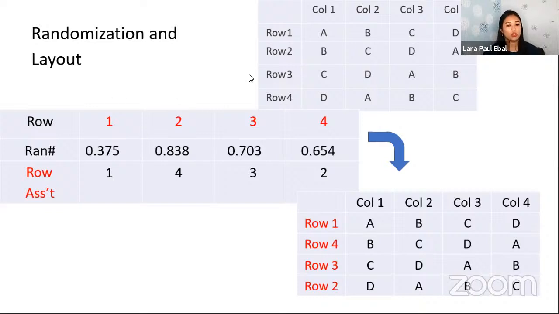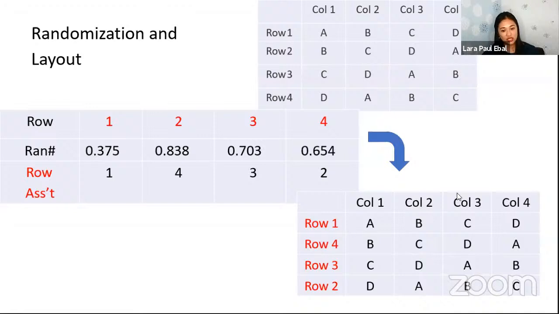Then, what we do next is generate random numbers to get the arrangement for the row factor. If we generate random numbers, the smallest number here is 0.375, so this has rank 1. Second to the lowest value is 0.654, which has rank 2, and then ranks 3 and 4.